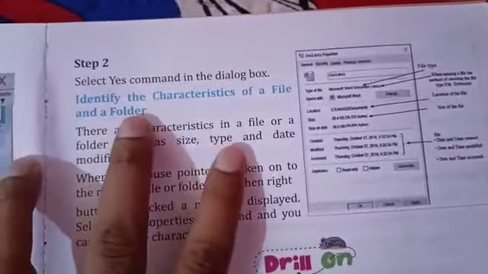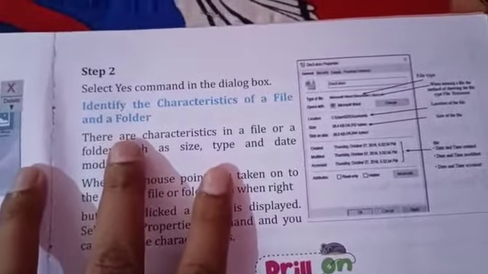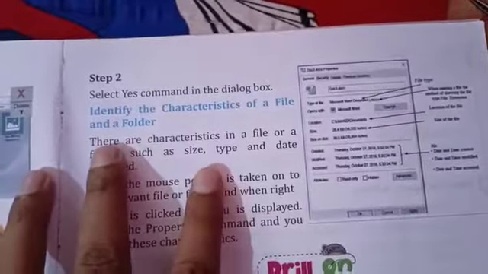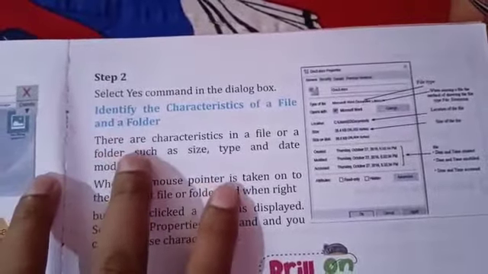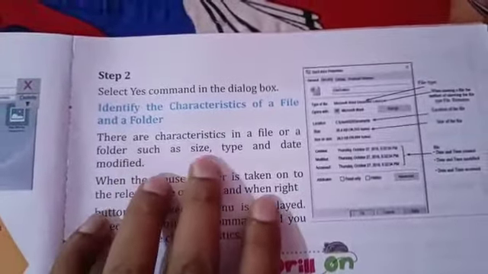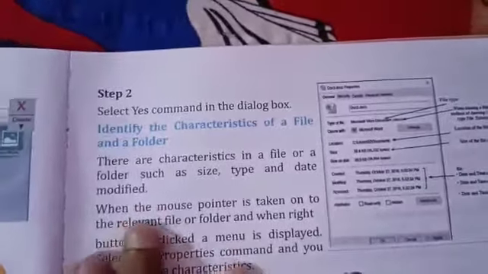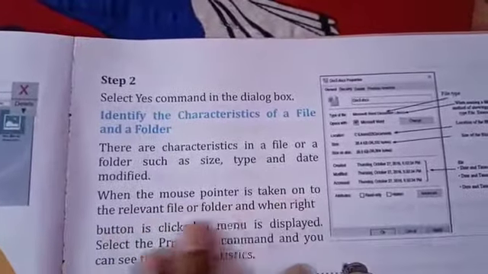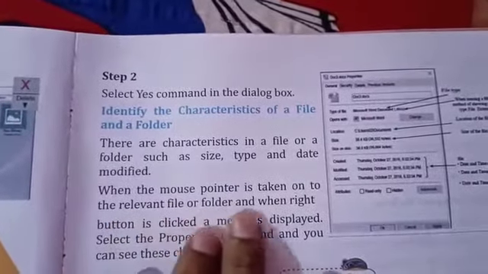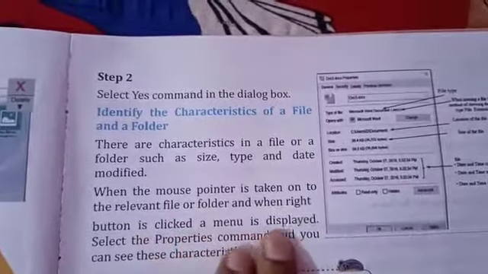Identify the characteristics of a file and folder. A file or folder has characteristics such as size, type and date modified. When the mouse pointer is taken to the relevant file or folder and the right button is clicked, a menu is displayed.